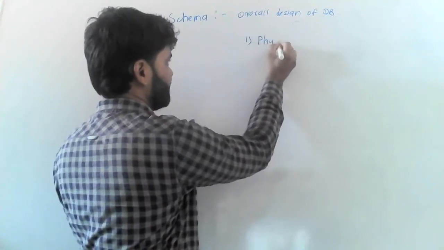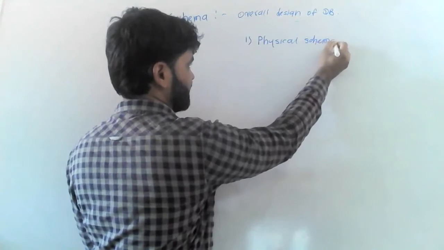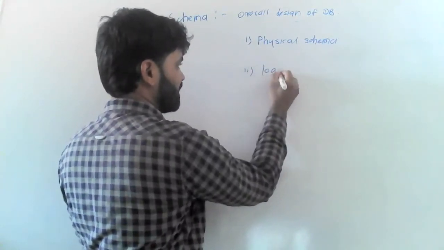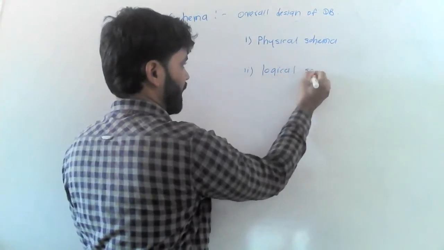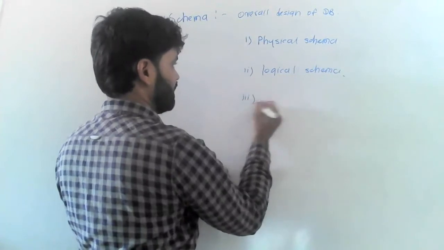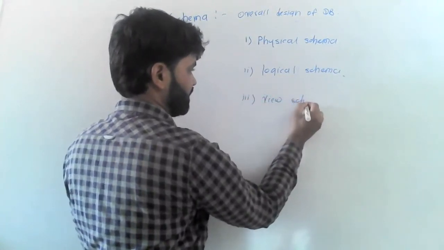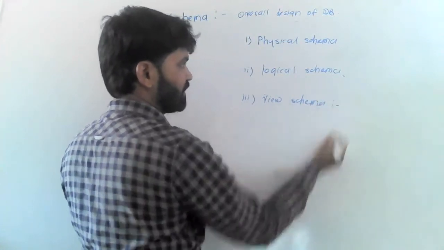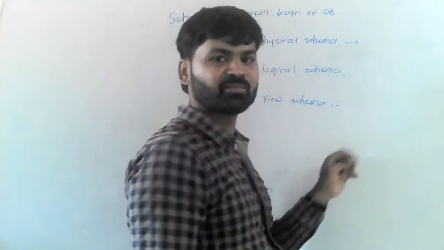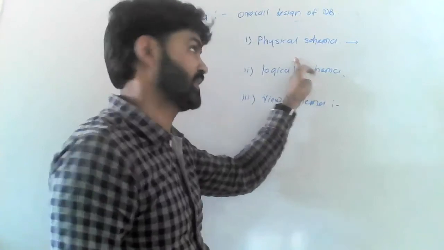The first one is the physical schema, then the logical schema, then the view schema. We will study them one by one. The physical schema is the schema designed at the physical level of the database.